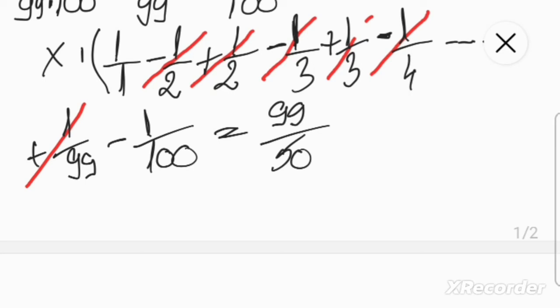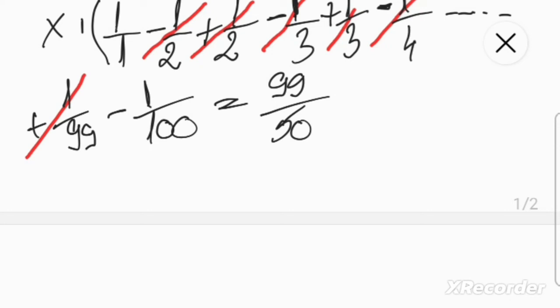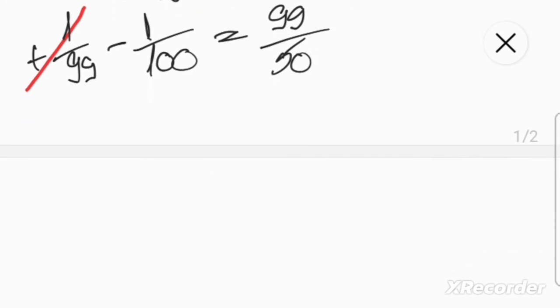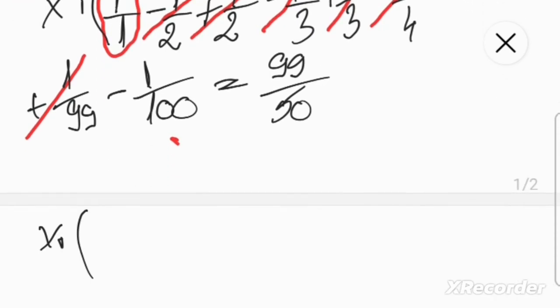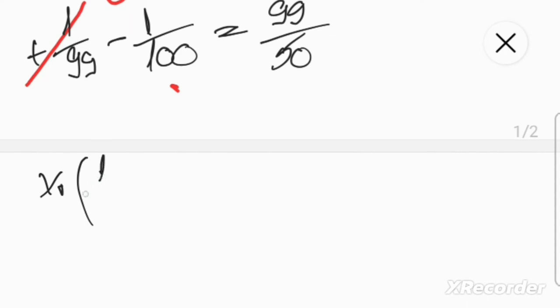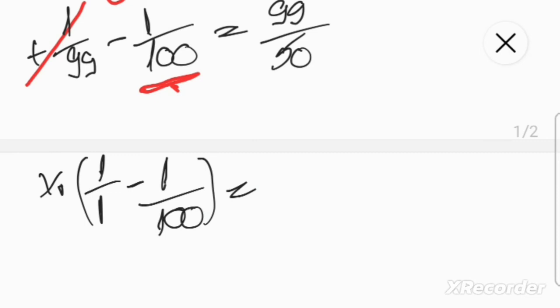So, we have as a result as follows. x multiplied by, in parentheses, it remains the first fraction, yes, this one remains, and we have 1 over 1 minus 1 over 100, because this one also remains, equals 99 over 50.